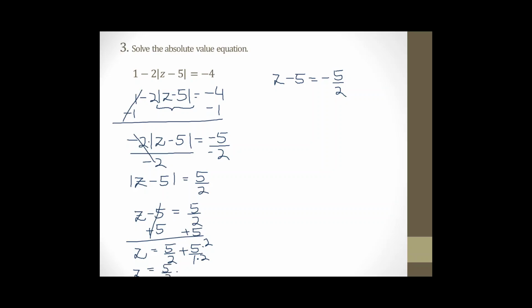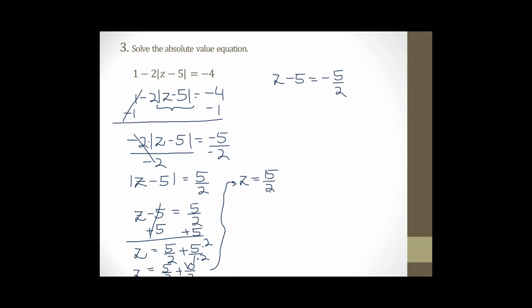So 5/2 plus, I'm getting 10/2. And now I can actually add the numerators. So z would equal 15/2.